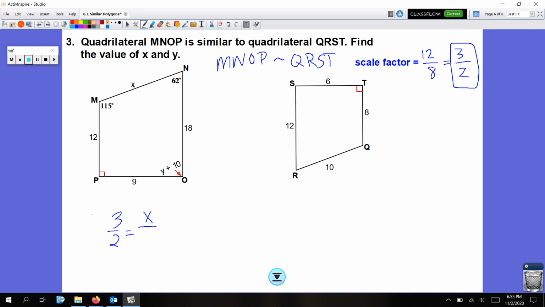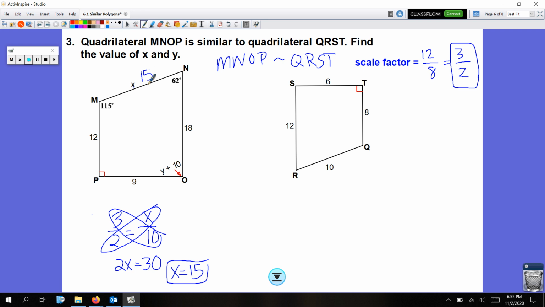The side that corresponds with MN is QR, and QR is 10. Then we're going to cross multiply. 2x is equal to 30. Divide both sides by 2, and I get x is equal to 15. So we know that this is 15 here.